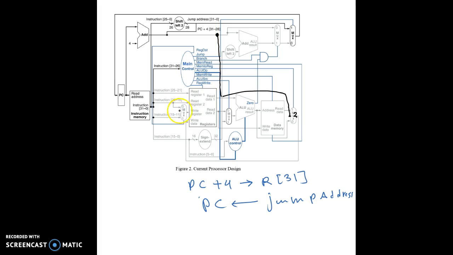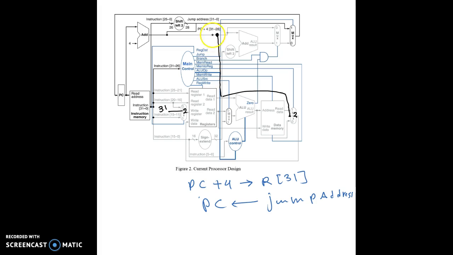We can do this by simply also extending this mux here and then attaching basically number 31 to this mux and assigning a 2 control signal for it. That way, this mux can select between the RS or RT or RD or 31.